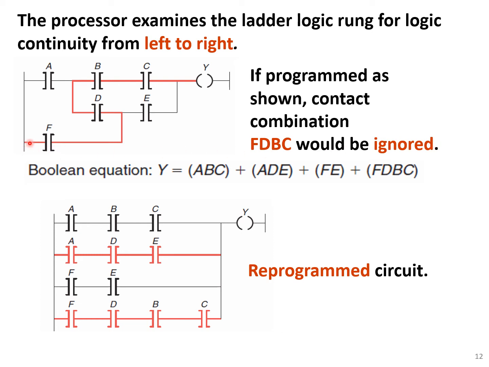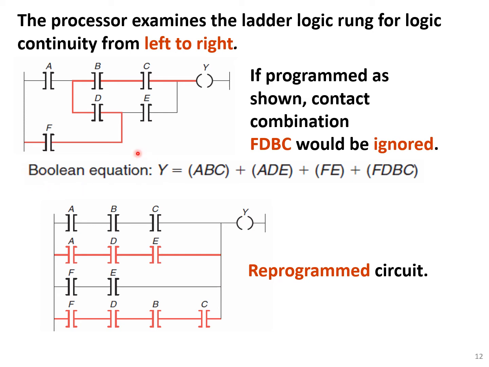Yes, so for example, if we had in mind to have a condition of FDBC, then the processor of the PLC completely ignores that condition, and we need to reprogram it in a correct format.